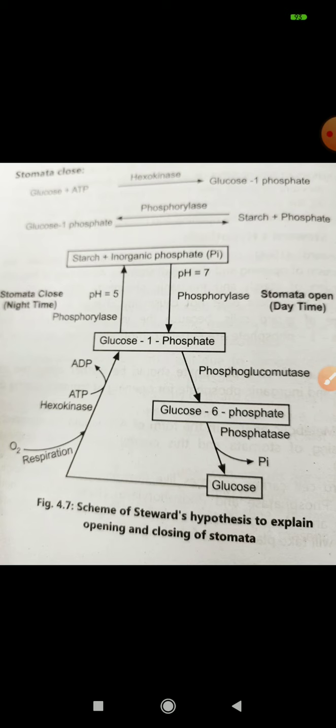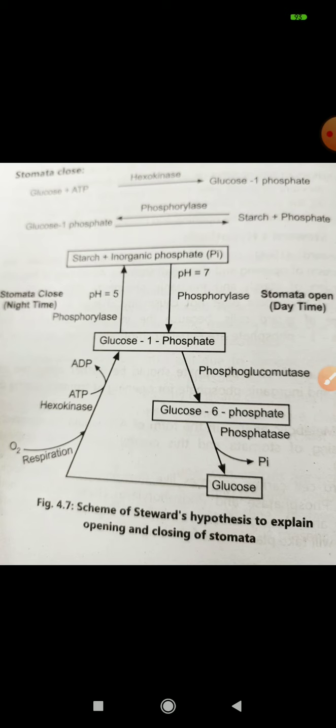And for this purpose, he is of the opinion that glucose 1 phosphate must be further converted into glucose and inorganic phosphate for creating sufficient osmotic pressure, which is responsible for opening of stomata during daytime.